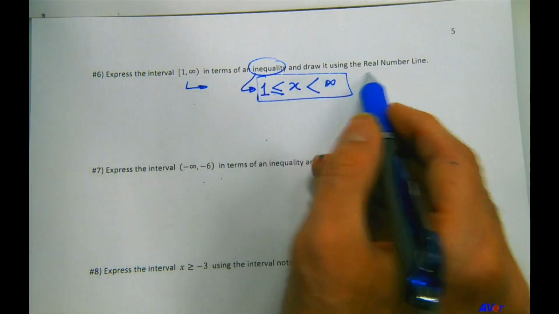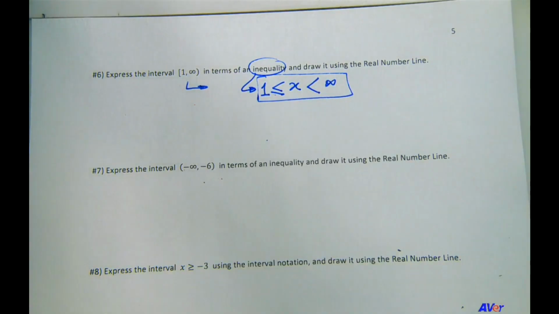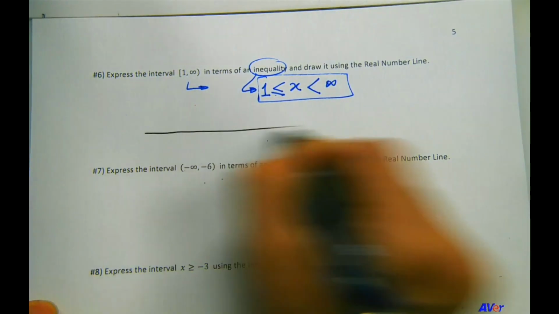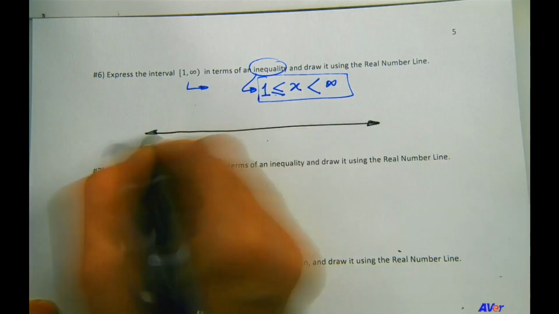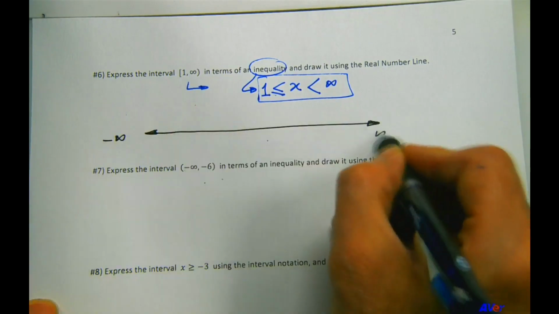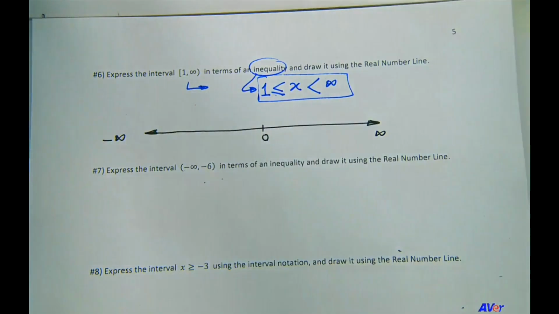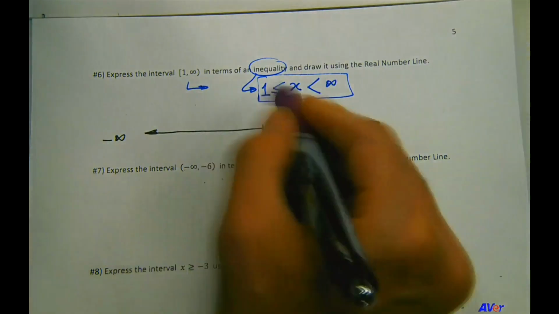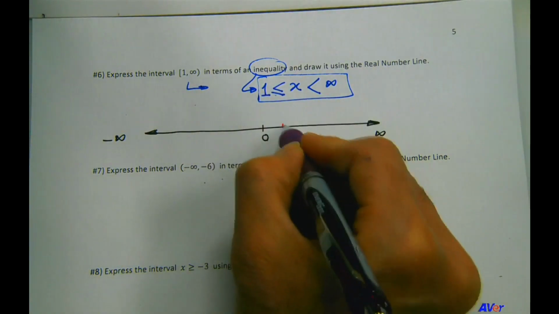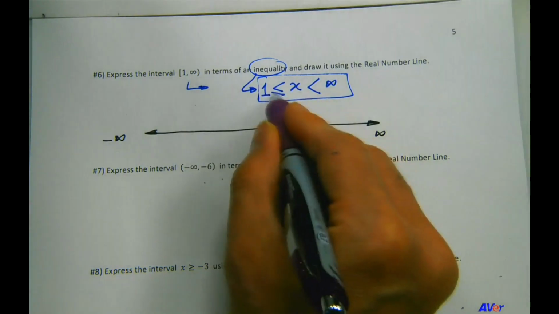And then draw it using the real number line. Okay, let's do that. So we have anything that is equal to, let's say that is 1, and 1 is included because of this equality.